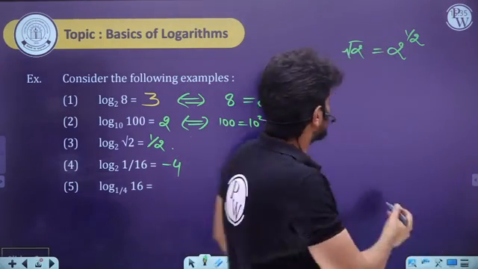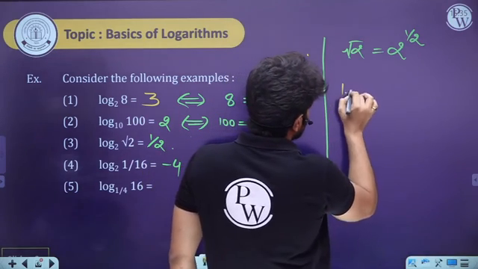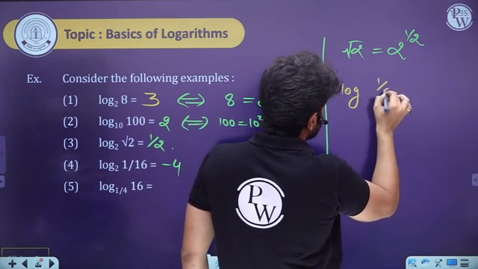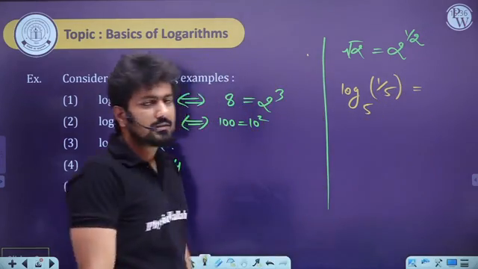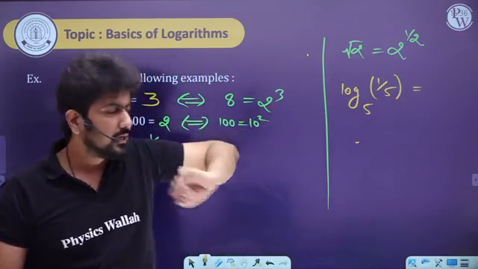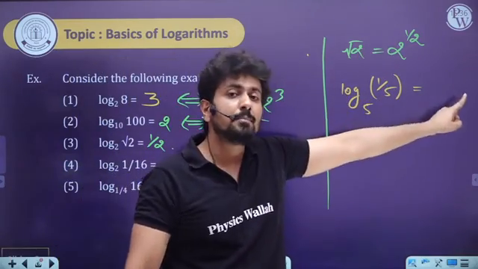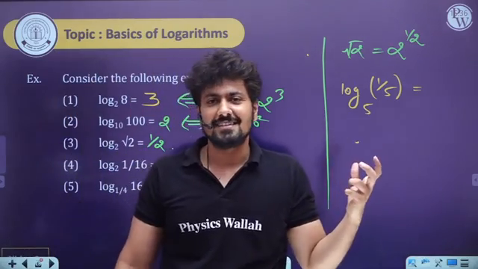There can't be a negative number inside the log, but the value of log can be negative. Like suppose if I ask you what is the value of log of 1 by 5 to the base 5. So how will you answer this? What power should we raise this base to get 1 by 5? We know that 5 raised to the power minus 1 is 1 by 5. Power can be negative. Right?